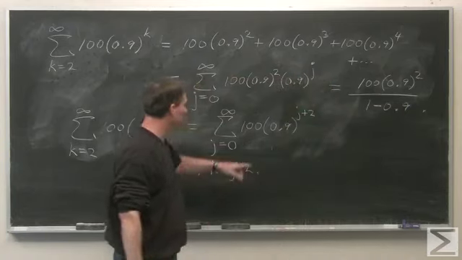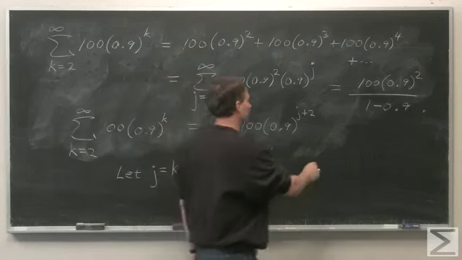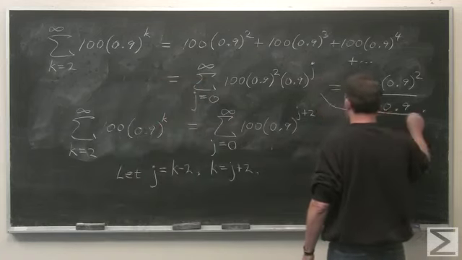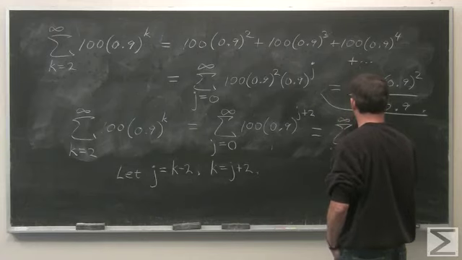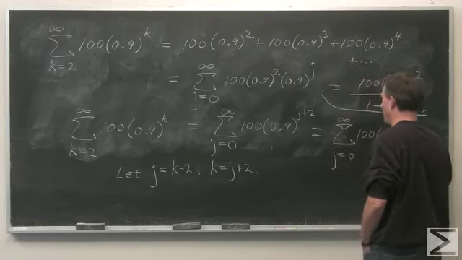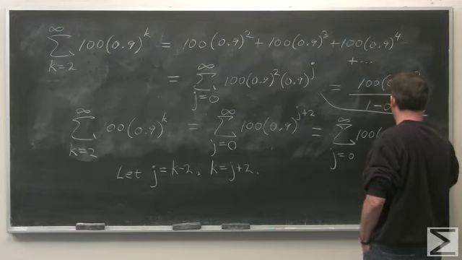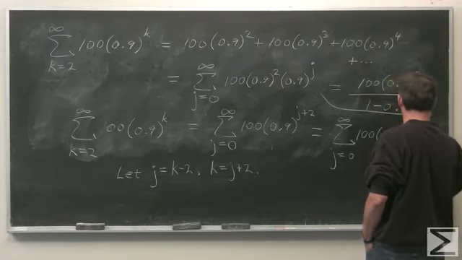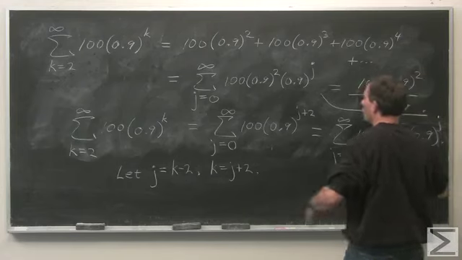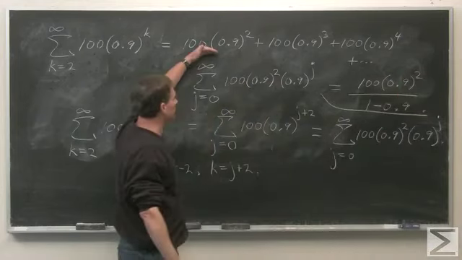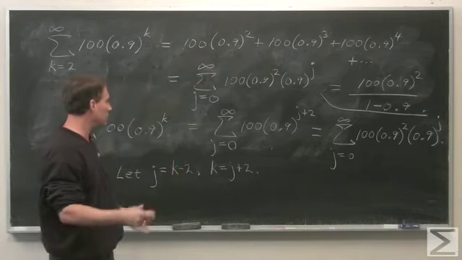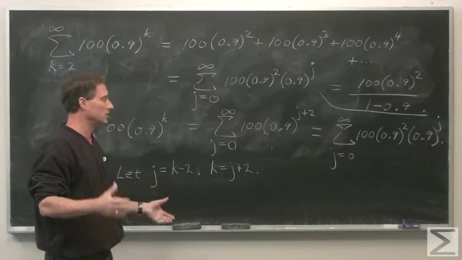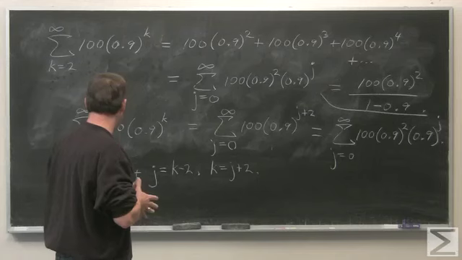But then you can split off a 0.9 squared right here and write this as the sum, as j goes from 0 to infinity, of 100 times 0.9 squared times 0.9 to the j, which is what we wrote before after writing out the terms and going, oh, yeah, it's the same as this.